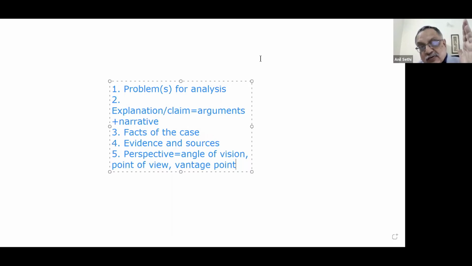There is a way of looking at things. There is an angle of vision. There is an interpretation. The interpretation may be valid or not valid. If it is not valid, it means it is not based on evidence and facts, or on adequate evidence and facts. If it is valid, it is based on adequate evidence and facts. But nonetheless, I think this is true: all history writing has to happen from some perspective. And number two, all perspectives need not be prejudiced.